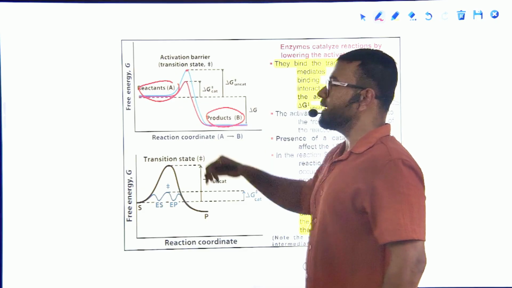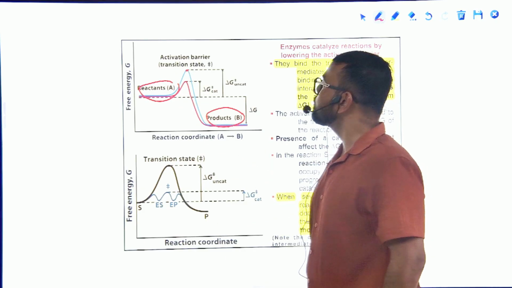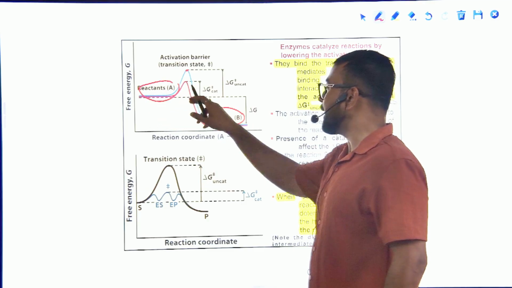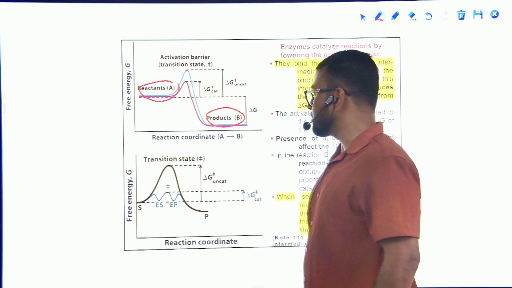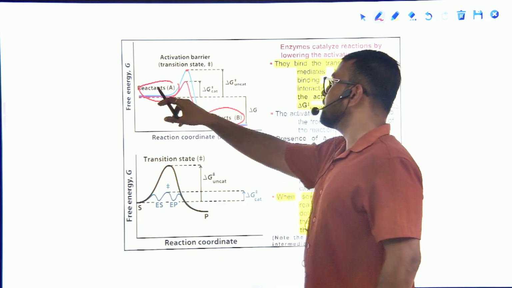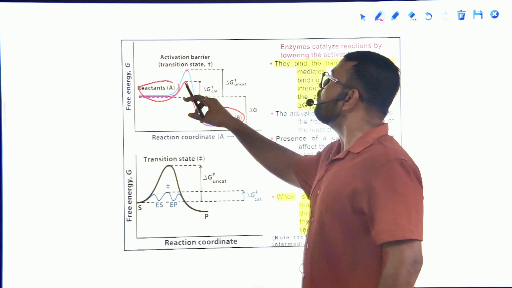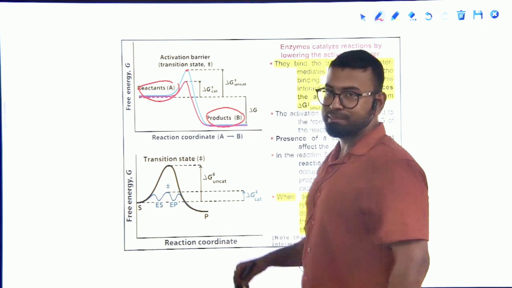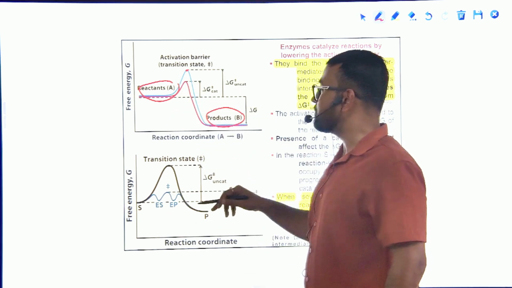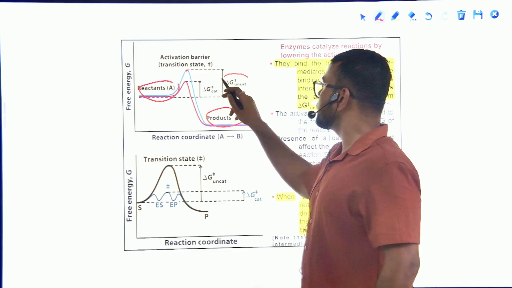This is the transition state, as I have mentioned, and energy is applied that is helping the conversion of reactant into product. Whenever the reactant is devoid of any catalysis, whenever the reactant is devoid of any enzyme, তখন কি হচ্ছে?